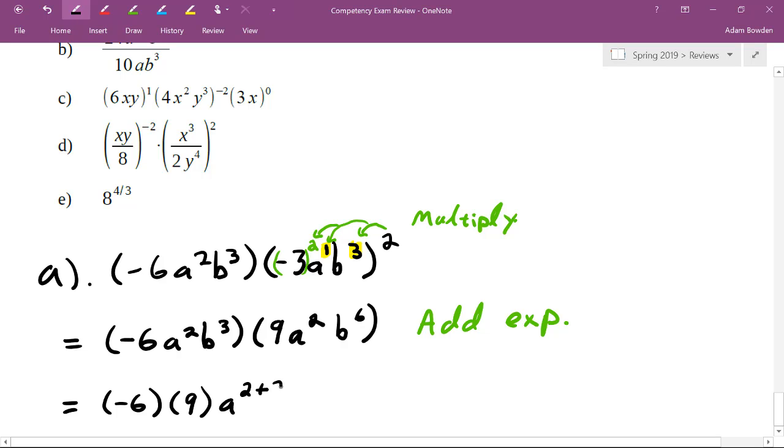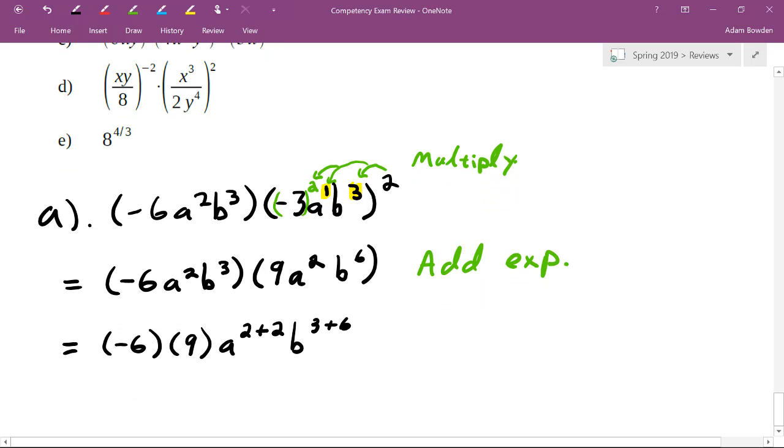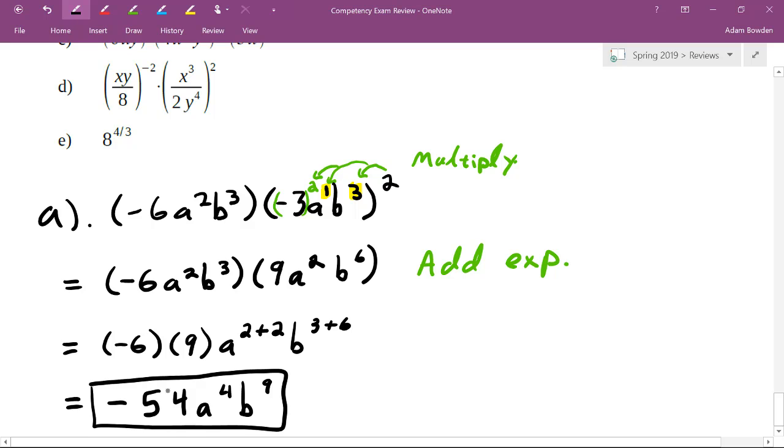For a, that's 2 plus 2. For b, that's 3 plus 6. So negative 6 times 9 is negative 54, a to the fourth, b to the ninth. And that's simplifying it down by using the exponent rules.